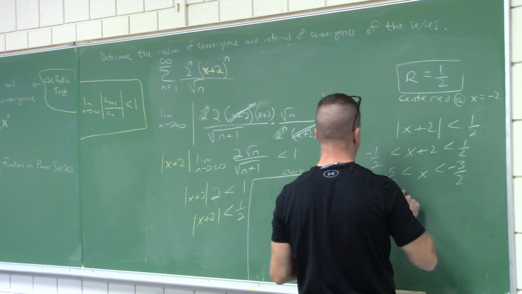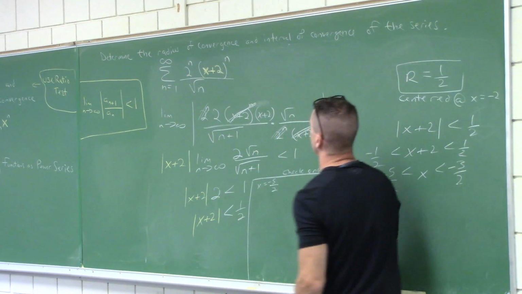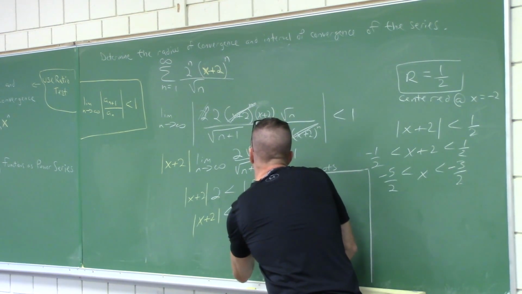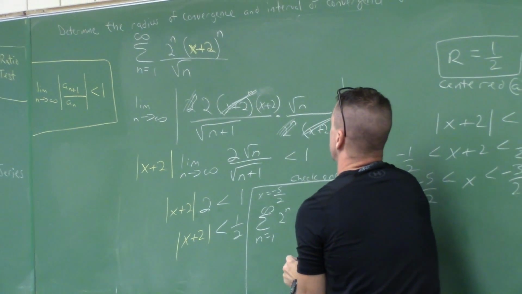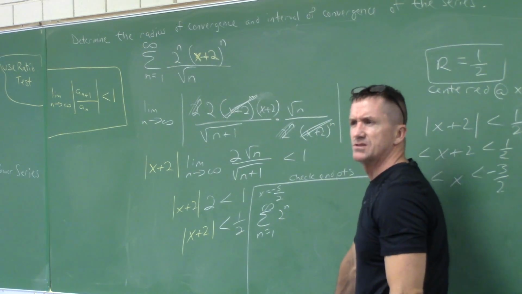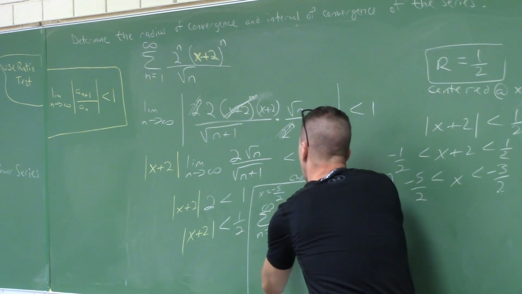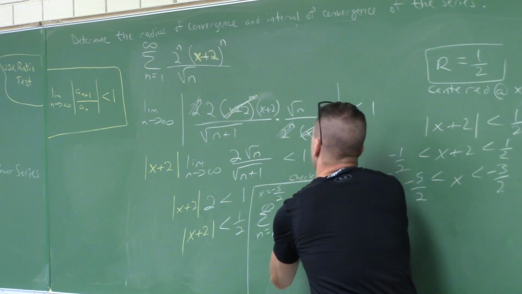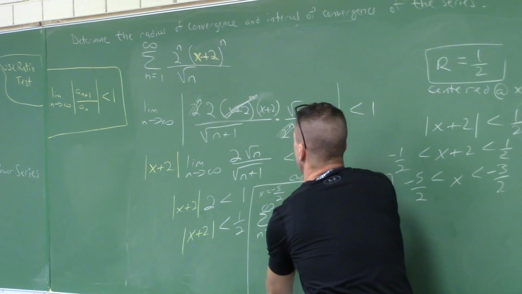I'll check how about -5/2? Now let's plug that in. I get (-5/2 plus 2) to the nth, what's -5/2 plus 2? -1/2. So (-1/2) to the nth over root n. Let's square it out. Yep.